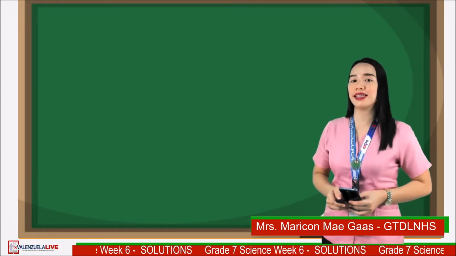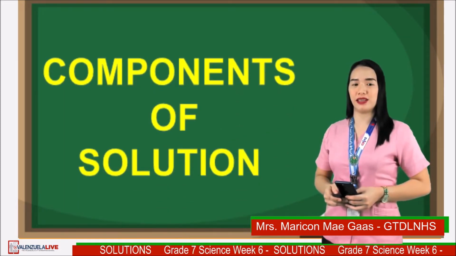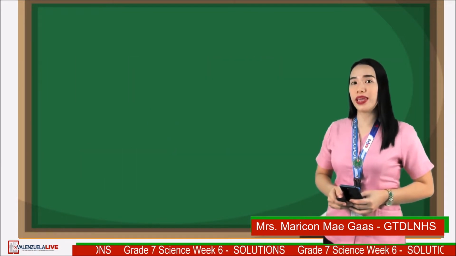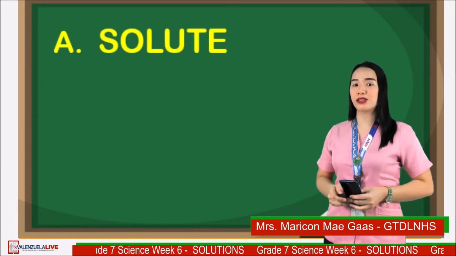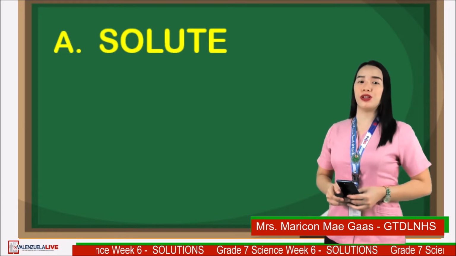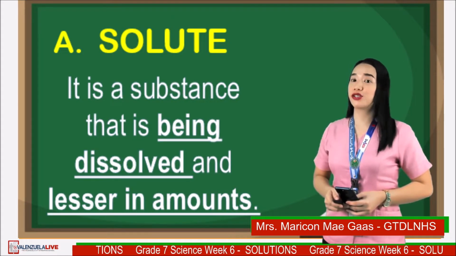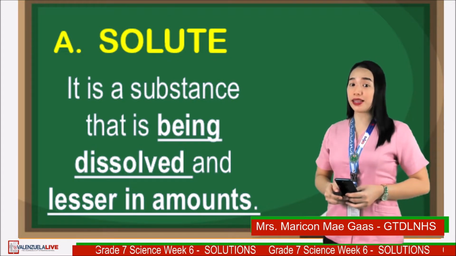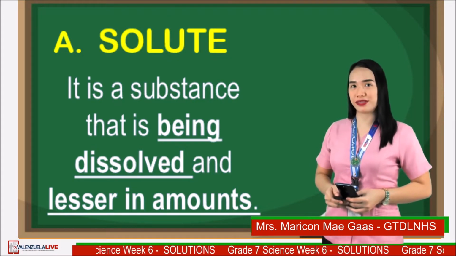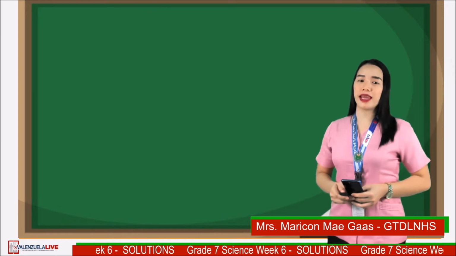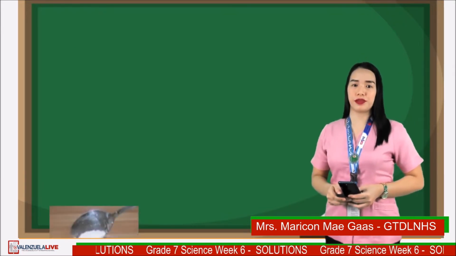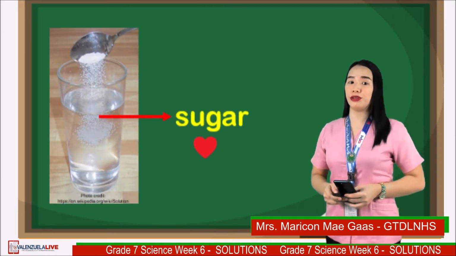Solution has its main components. First, we have the solute. Solute is a substance that is being dissolved. Generally, it is present in lesser amounts. From the example of sugar solution, which do you think is the solute?